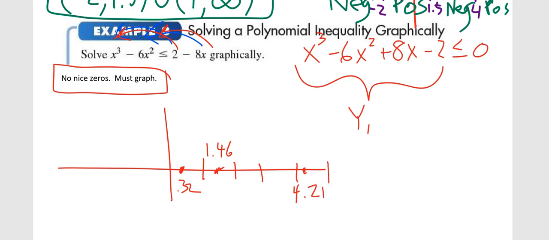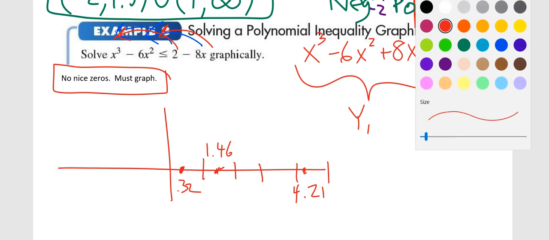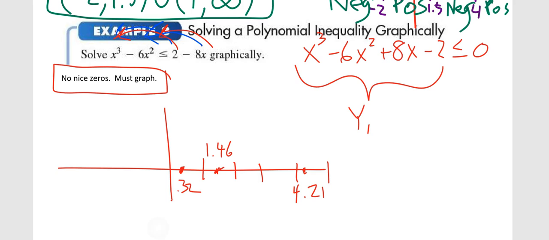Just make sure you typed it in correctly, because if you miss a minus sign or a variable or a square or something like that, it will change things dramatically. So you graph the thing, and see that it's doing something like this. So answer their question. You got the picture.